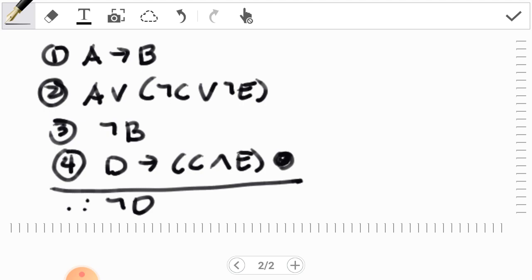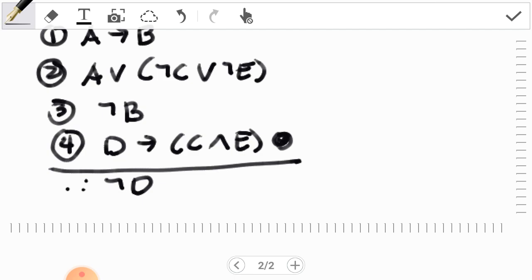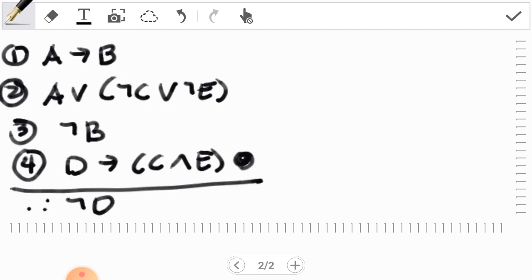Okay. Let's now go to the first three premises. What can we observe there? What can we write down? Or look at premise number 1 and premise number 3. This is modus tollens.